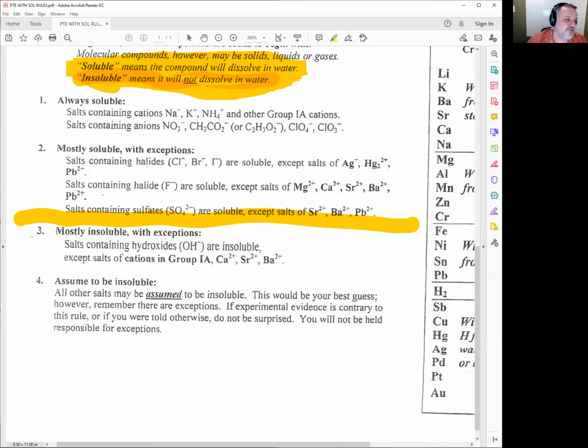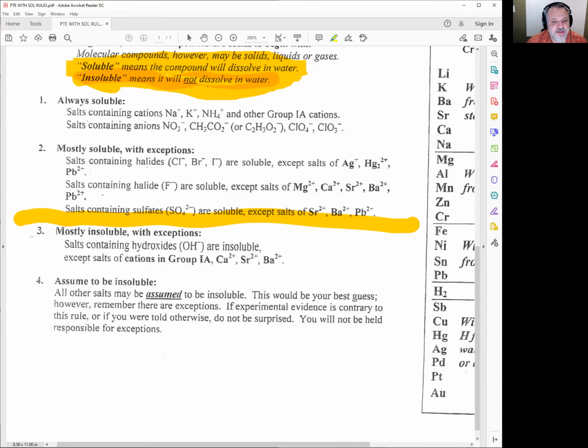In the soluble section, we have two different things. Always soluble, that means soluble all the time, or mostly soluble with some exceptions. So in rule number 1, there are no exceptions. In rule number 2, there are some exceptions. Now in 3, we get a little bit less certain of what's happening.